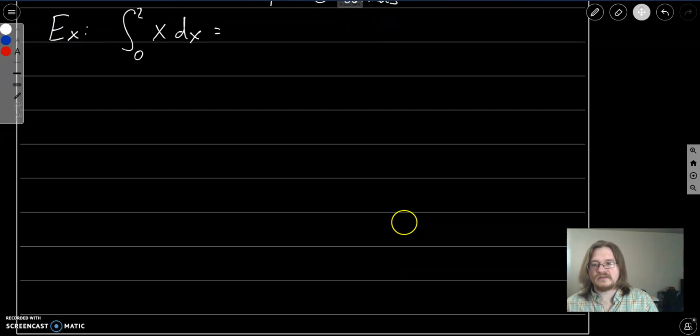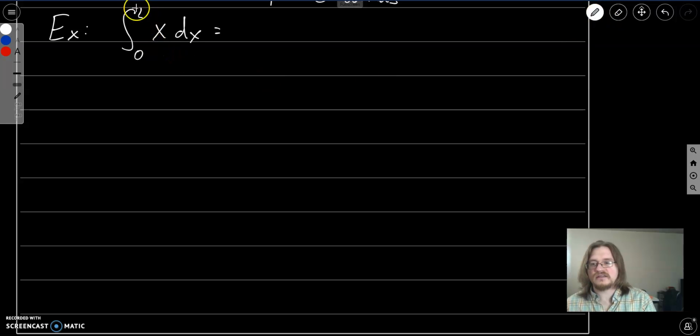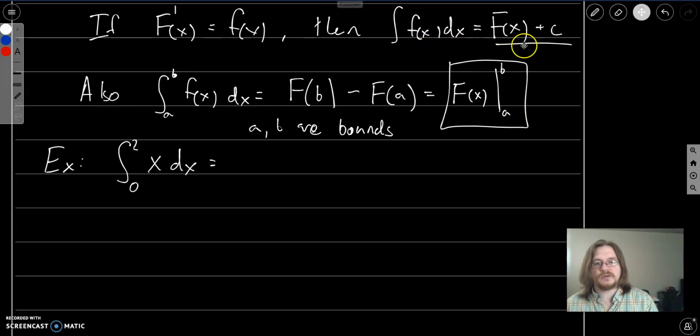So we have the definite integral now from 0 to 2 of x. Using our formula, we find the antiderivative of x. From last time, if we want to take the antiderivative of a function, we raise it to one higher power, so 1 more than 1 is 2, and we divide by that power.